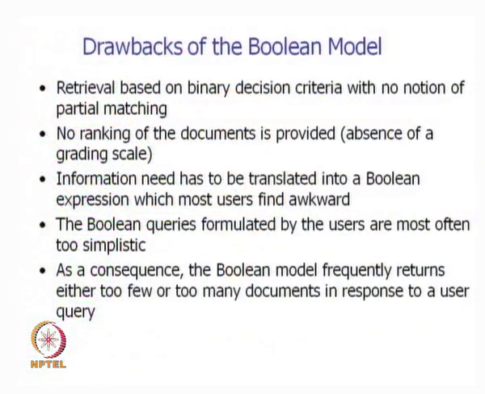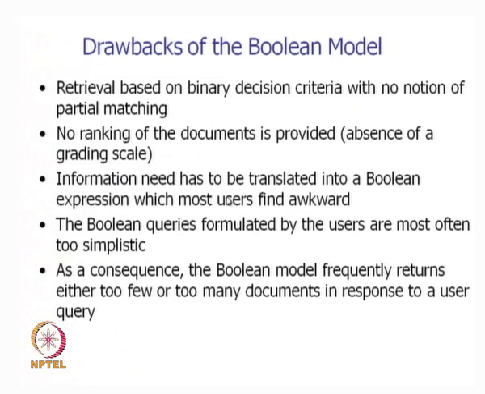Some documents are more relevant, others are less relevant. So, by its very nature the problem is fuzzy. It is not a black and white situation. It is not a 0-1 situation. Also, information need has to be translated into a Boolean expression, which most users find awkward.